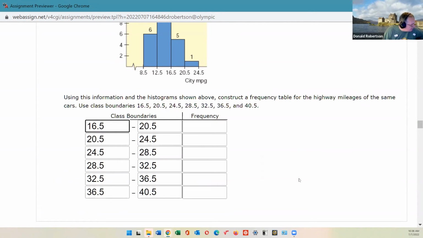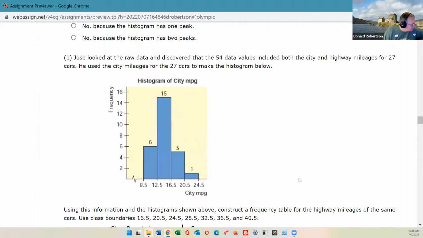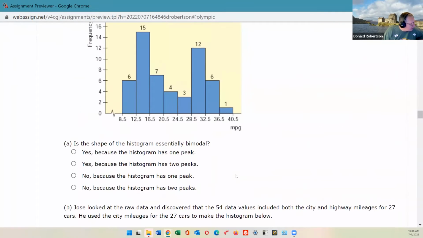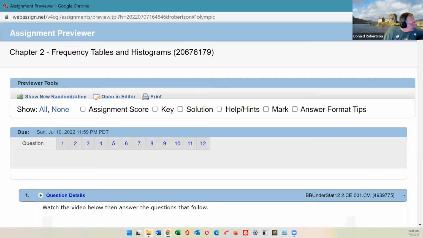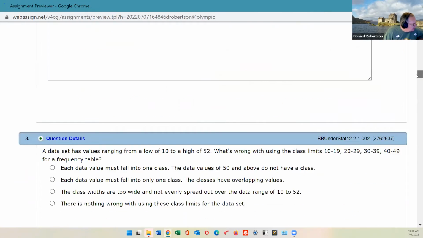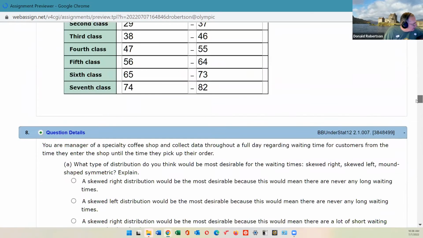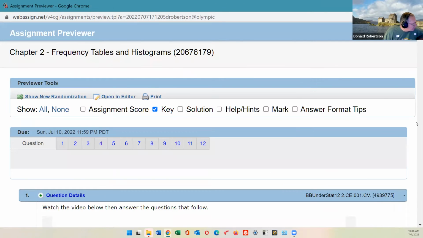The interval they've given me is 16.5, but I'm looking at this data. Isn't there 8.5s and 12.5s going on? I wonder if that's a mistake. Let me put in the key and see what the problem is.